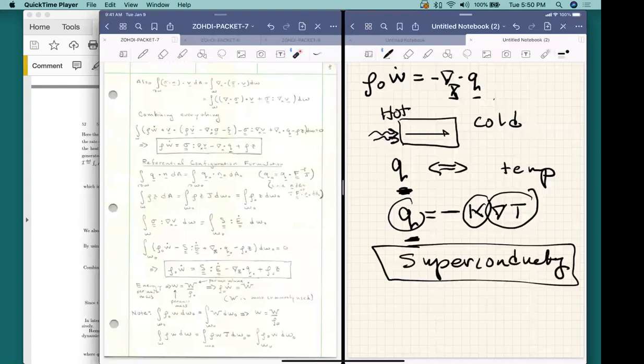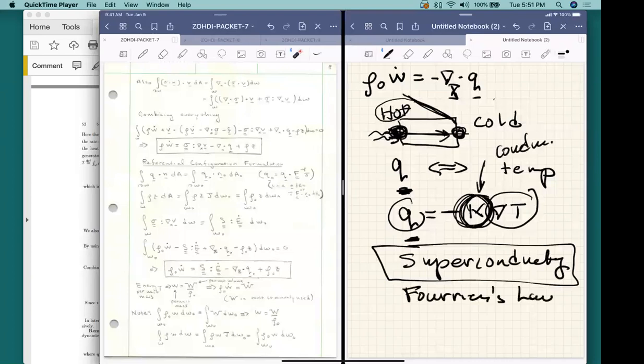Heat flow is very similar. We don't know of any material where, when you heat up one end of the material and you have the other end cold, where the gradient is basically hot to cold, everything we know is that there's something that flows from here to here, and the rate at which it flows is given by the so-called conductivity. Okay, that's so-called Fourier's law.